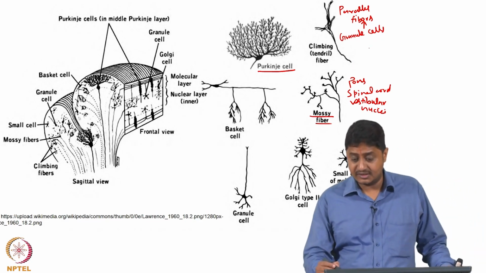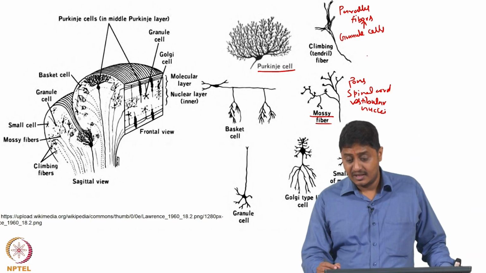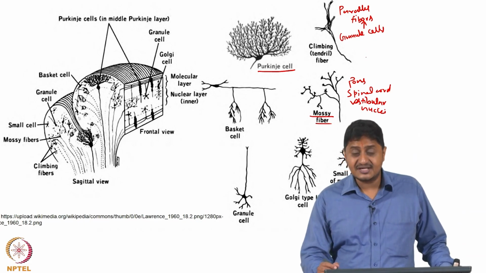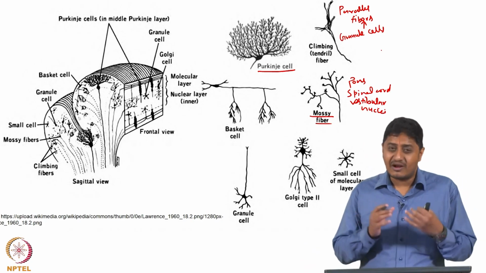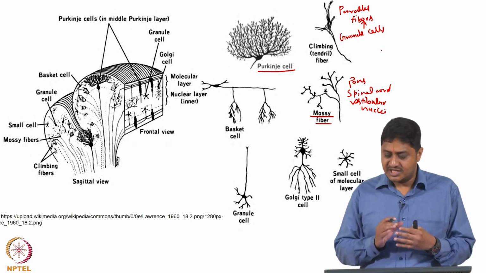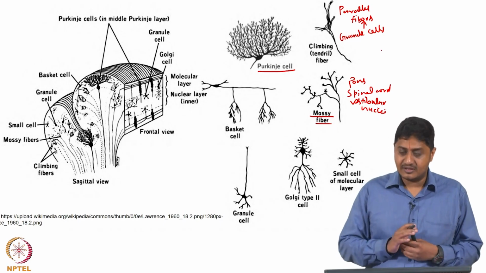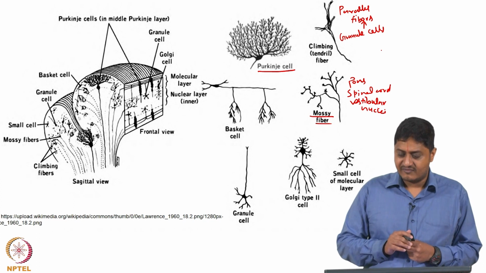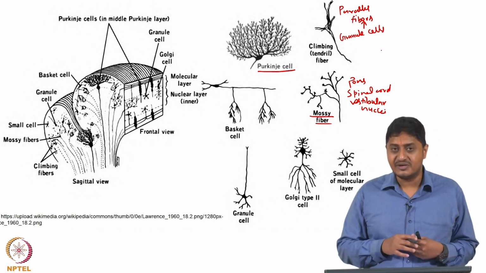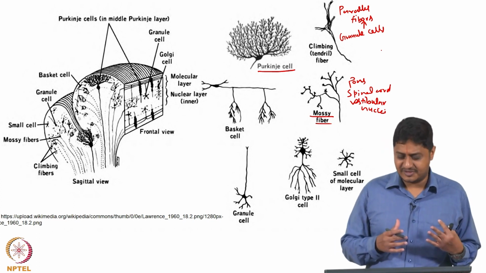So, let us remember that there are about 100 billion granule cells. So, there is a great divergence of information from the mossy fiber system. There is a smaller number of mossy fibers, and so each mossy fiber makes synapses with thousands of granule cells, whereas each granule cell receives information only from a few mossy fibers.